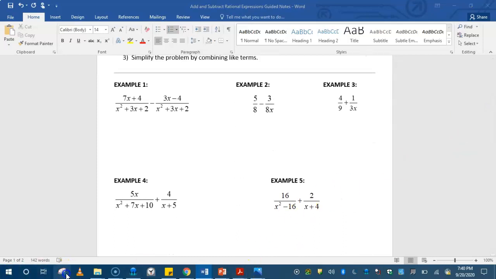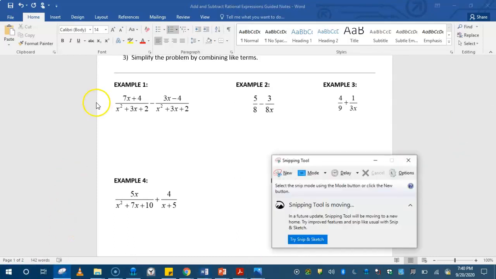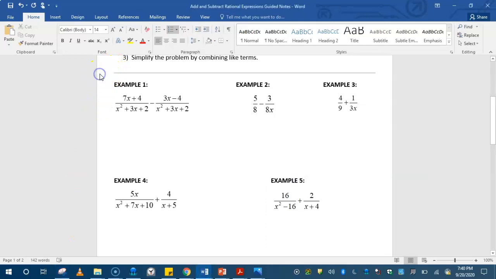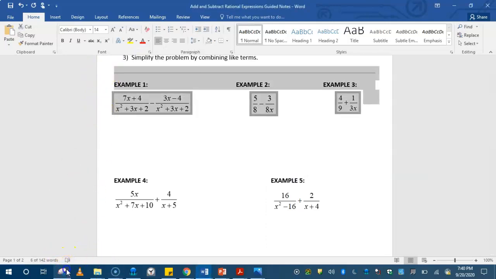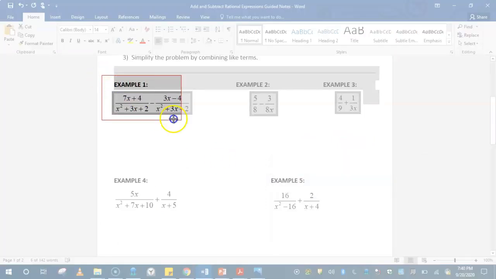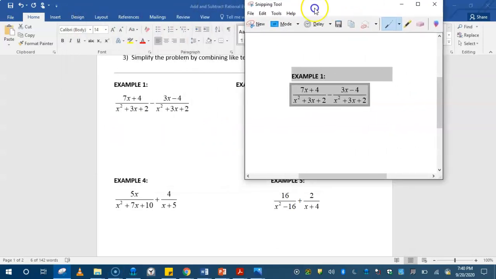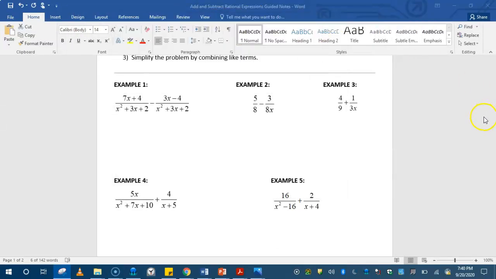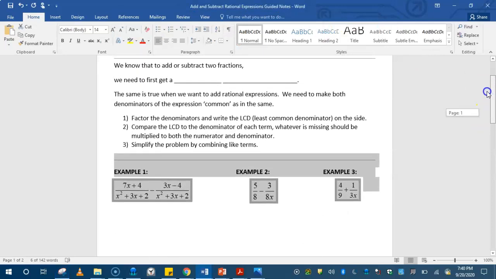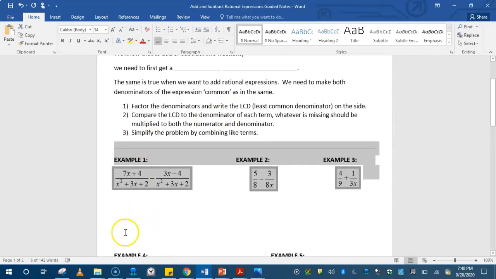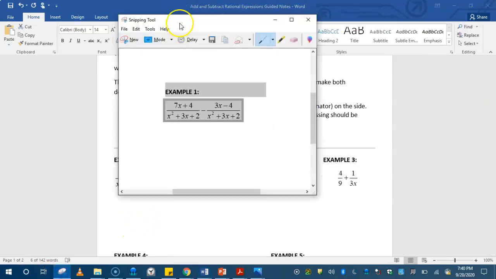Here we go. Let's snip example number 1. Again, we're going to go through each one of those steps. I'm going to move this to the side. Actually, I want to show you the steps because I want us to always remember the steps that we're doing when we do this.